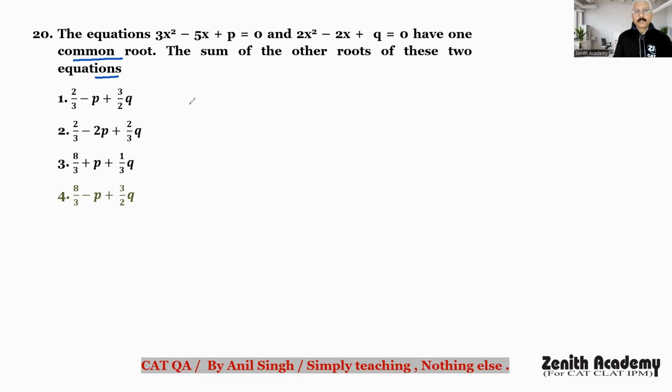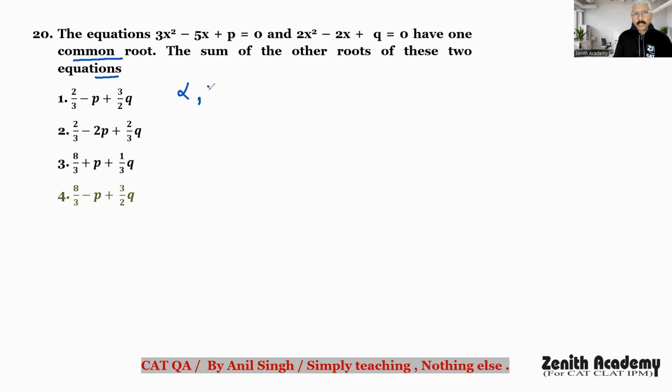So let alpha be a common root in these two equations, and the other roots are beta 1 and beta 2.